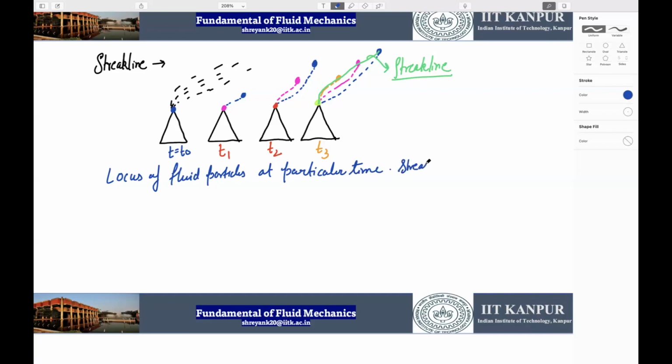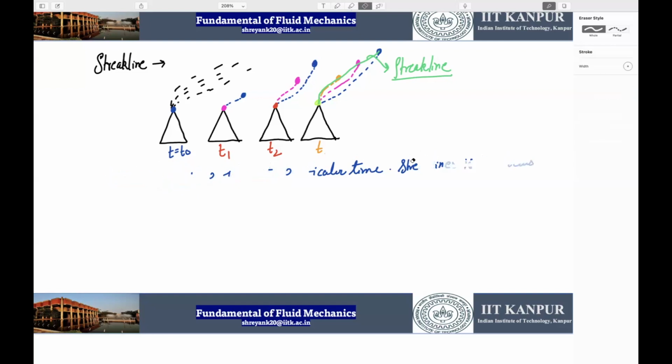Streak lines. A streak line is the locus of the fluid particles passing sequentially.